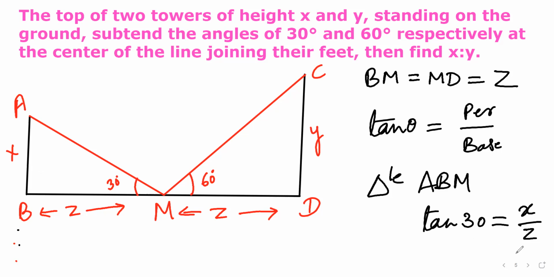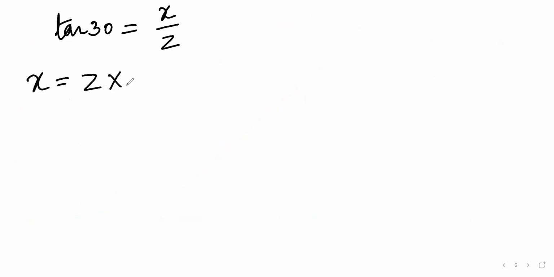Perpendicular by base, right? So now we'll continue further. So tan 30 equals x divided by z, and x equals z into 1 divided by root 3. So we'll keep it as equation number 1.